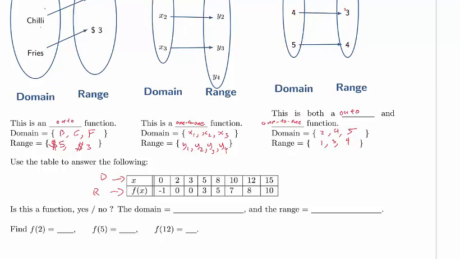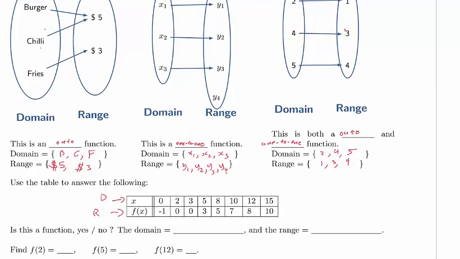There can't be 2 elements in the range for one element in the domain. Like you can't have fries go to $3 and $6, right? That wouldn't make sense. I mean, not thinking about different sizes. The same size of fries, $3 or $6. Well, that menu wouldn't make sense. And so that's what we're looking for, right? Everything in the domain must go to one and only one element in the range.